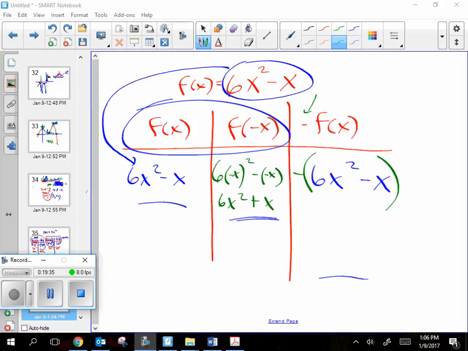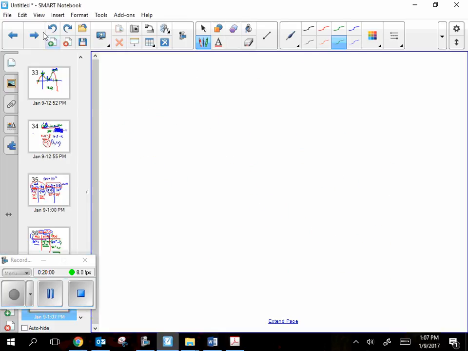All right, so now negative x, 6x squared plus x, is this the same as this? No. And therefore, it's not even and it's not odd. So it's a neither or a neither. Okay? All right, so that's showing whether things are odd or even or neither.